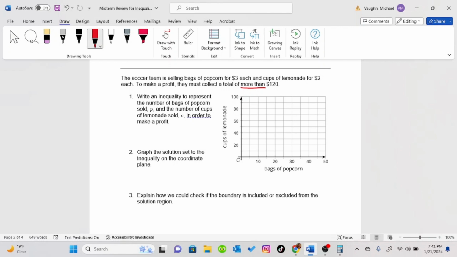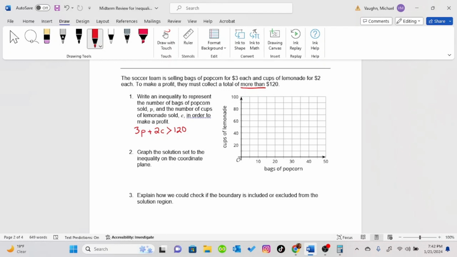Write an inequality to represent the number of bags of popcorn sold, P. So popcorn is $3 each, and we're using P. And the number of cups of lemonade sold, C. Well, lemonade is $2 each, and we want to make a profit, so it must be greater than $120.